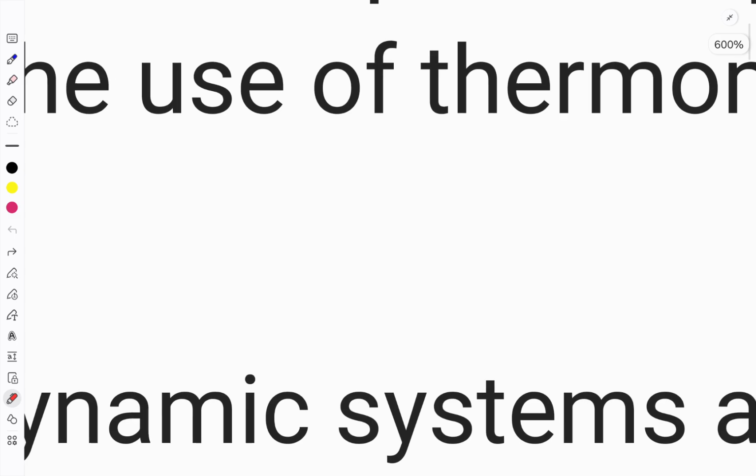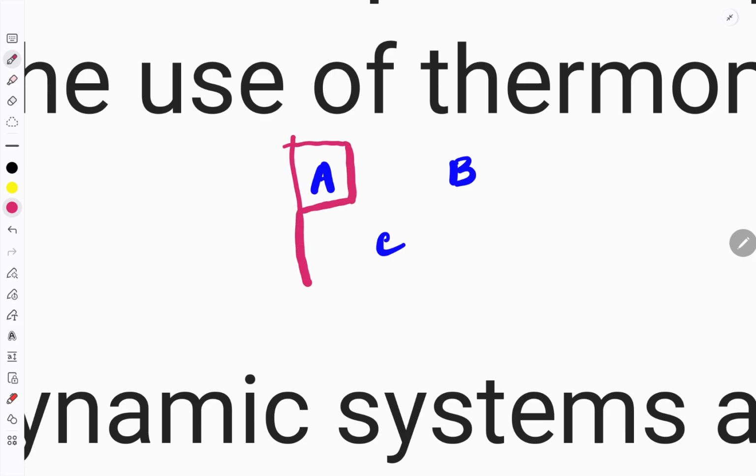First things first, let's draw a figure, okay? So let's say I have three systems, system A, system B and system C. If system A and system C are connected, they are connected like that, right?